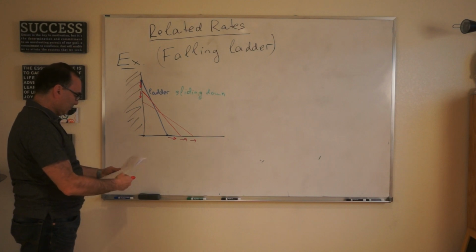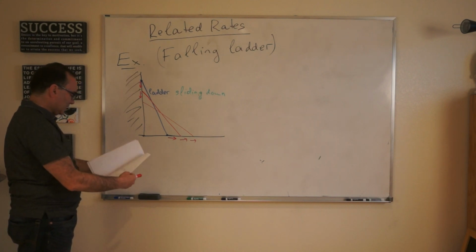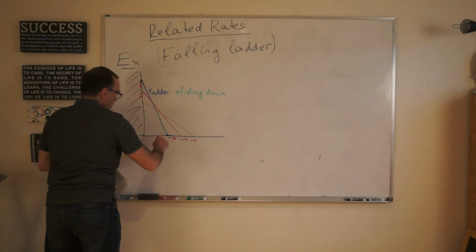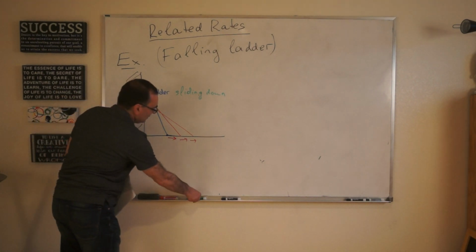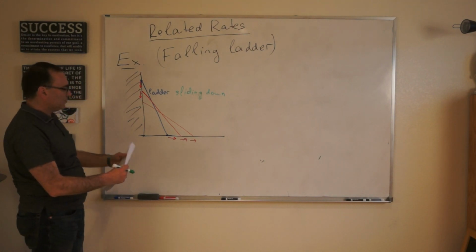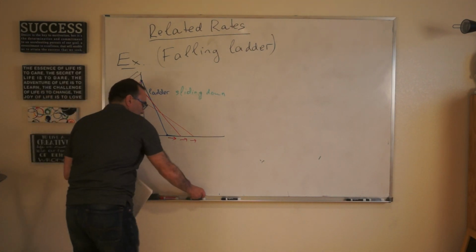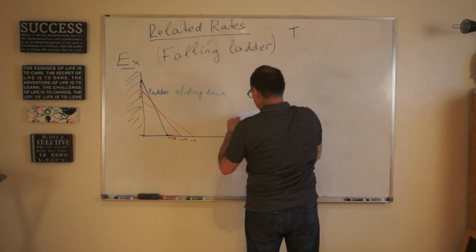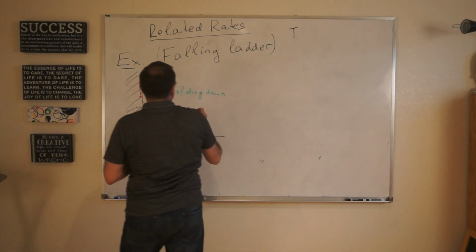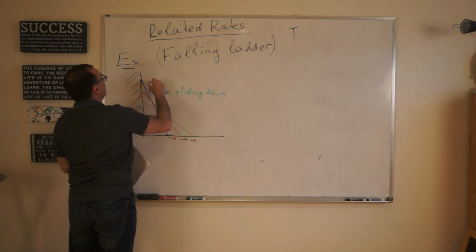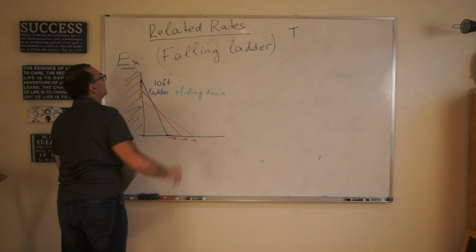Now what's given? Given that the bottom point of the ladder moves away from the wall at a speed of 1 foot per minute. So let me write this down. One more thing. The total length of the ladder is 10 feet. 10 feet ladder.